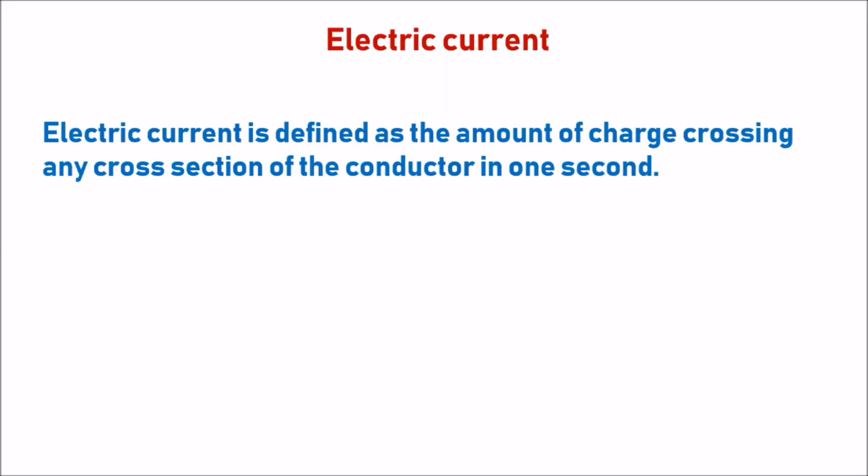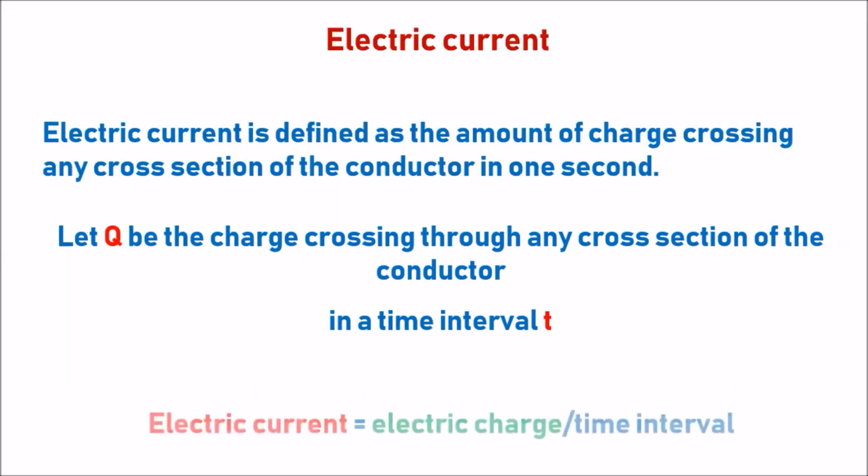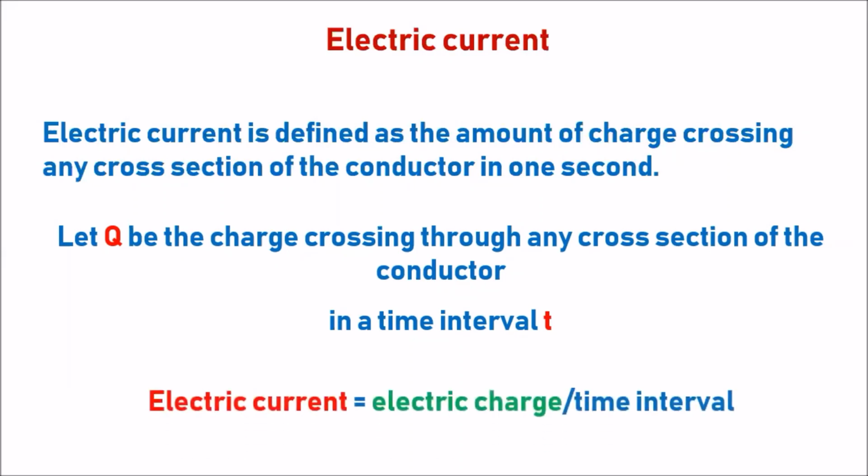That's it. Let Q be the charge crossing through any cross section of the conductor in a time interval t. Charge should be represented with the capital letter Q, and time should be represented with a small t. By this we get a formula: electric current is equal to electric charge upon time interval.